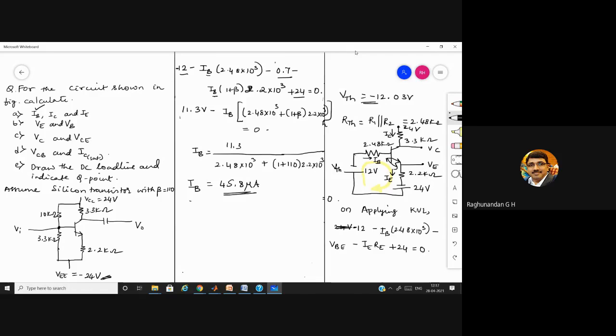Now can we find out IC? It's easy, beta into IB. Also, I can find out IE, that is equal to IB plus IC.